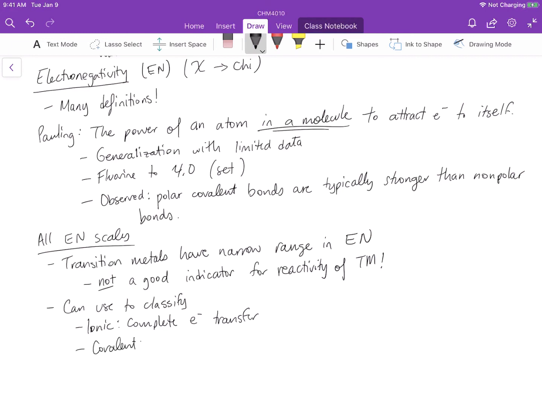Covalent would be shared electrons, localized and directional. And metallic is shared electrons, delocalized, and non-directional.